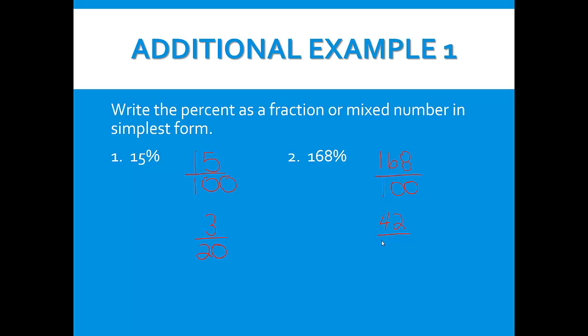And 100 divided by 4 is 25. And 42/25ths would simplify to 1 17/25ths.